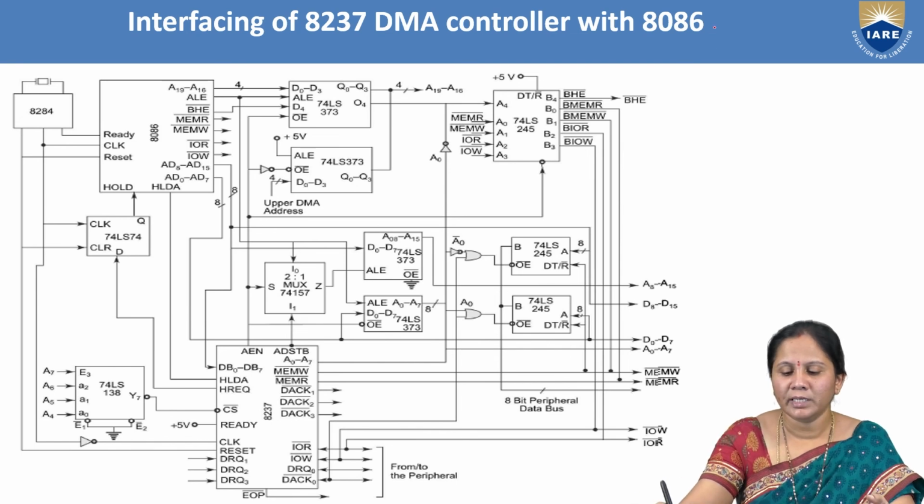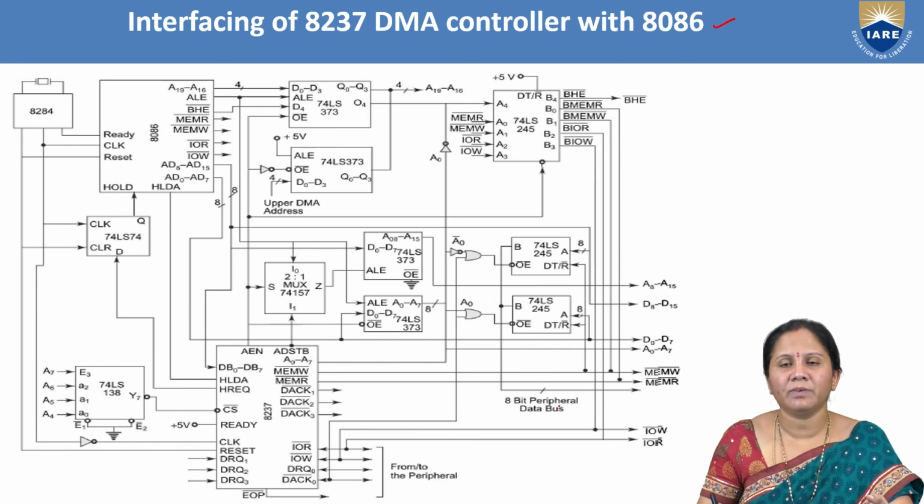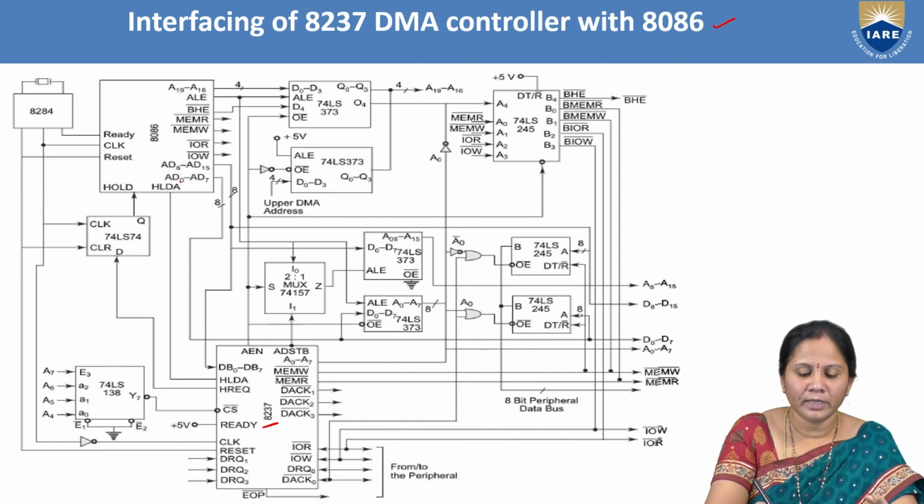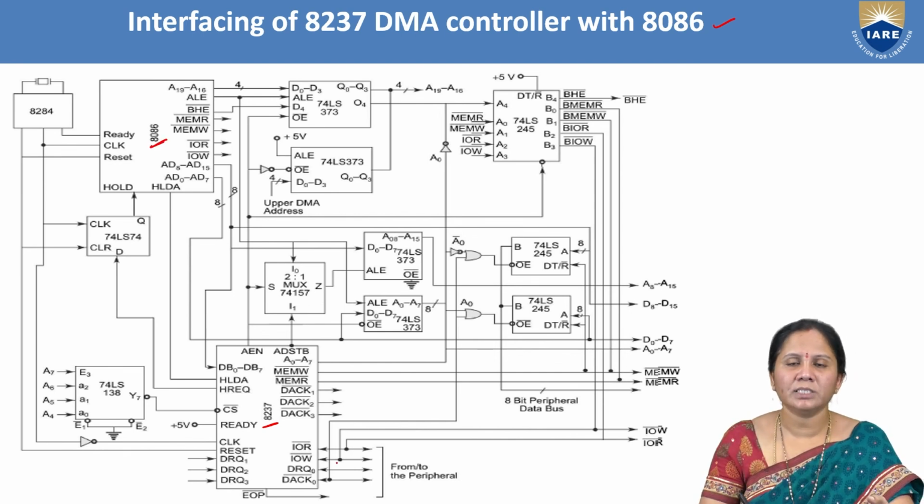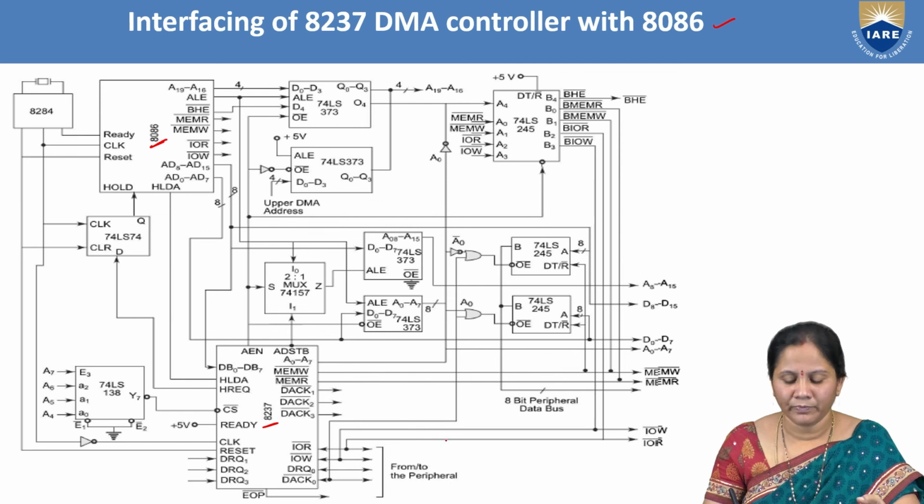And the next topic is interfacing the 8237 DMA controller with the 8086 microprocessor. Here this is the 8237 DMA controller, and here we have the 8086 microprocessor. Generally all these are the blocks that are necessary. This is the EOP line, which represents the end of process.